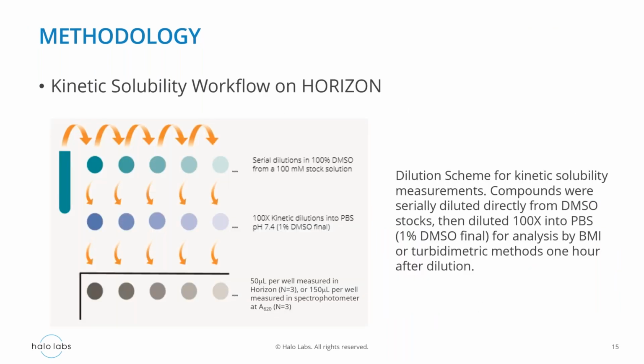So I'm going to talk a little bit about what we did. In this case, we use kinetic solubility measurements, but you can also use, for example, equilibrium solubility samples to bring to this point. And the way we did it is that we started serial dilutions of the compounds we tested in pure DMSO.